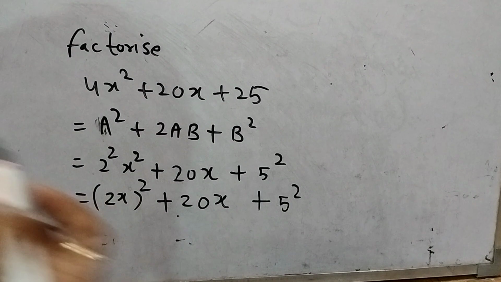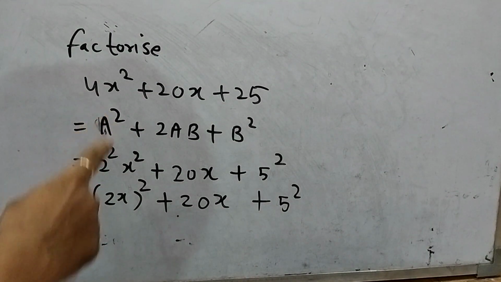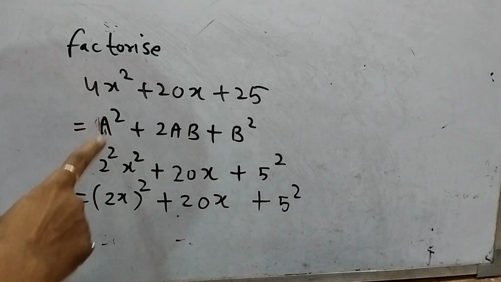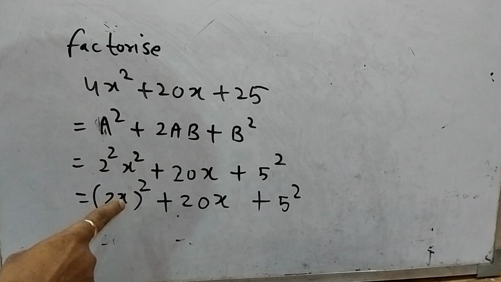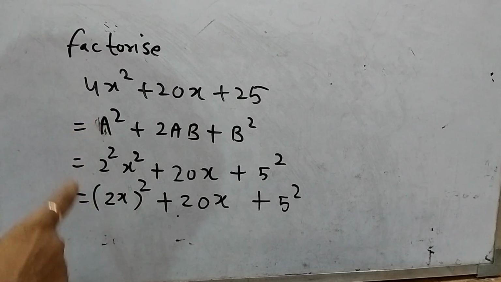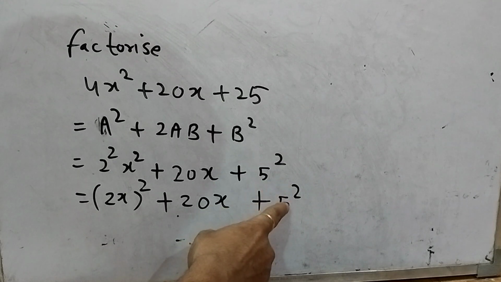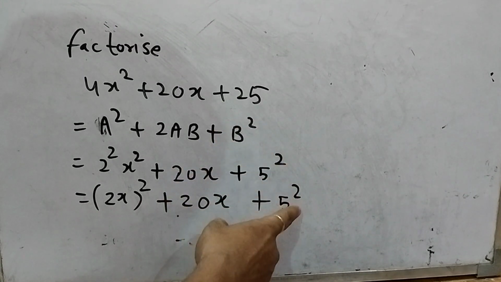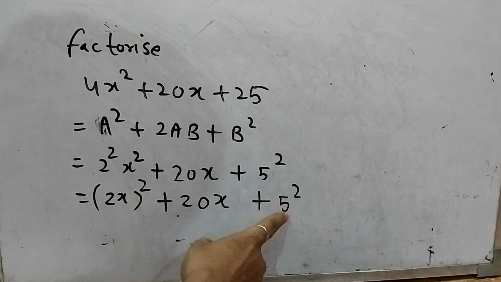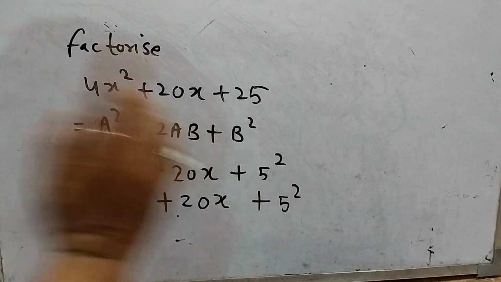Now we have a and b because of the square. The base of the square 2x is a, and the second base of the square is b, here we have 5 square and the base is 5, so we can assume a as 2x and b as 5.